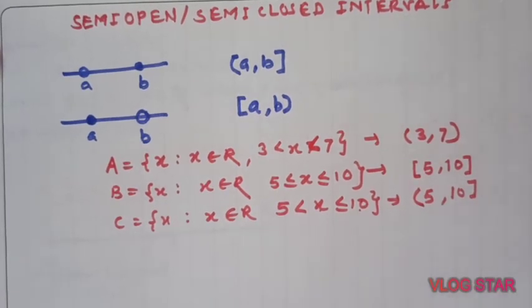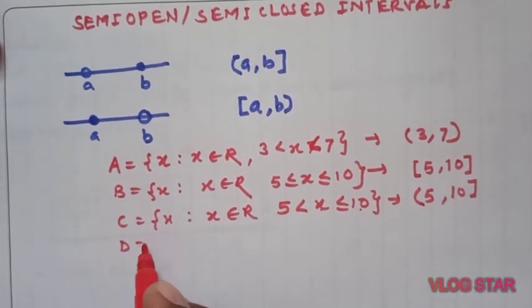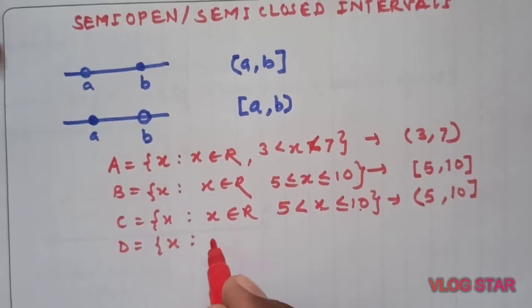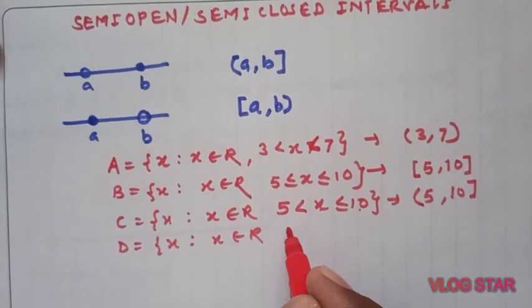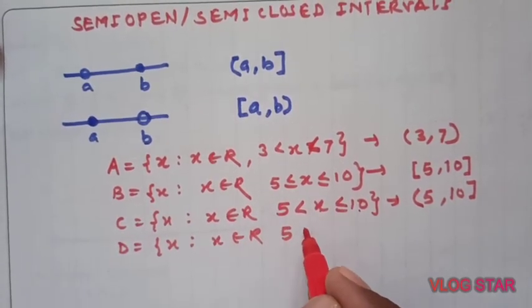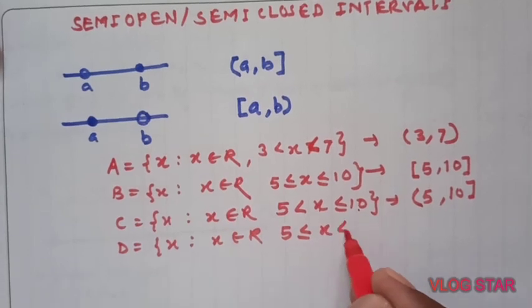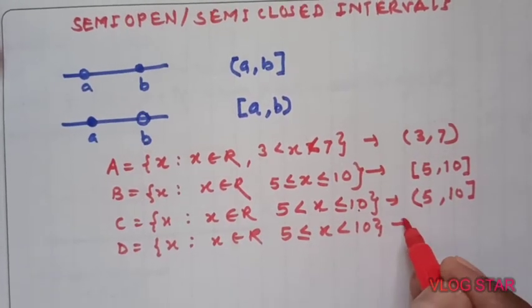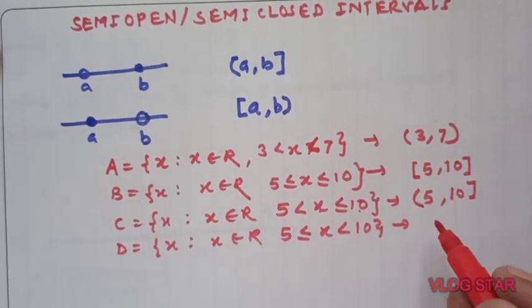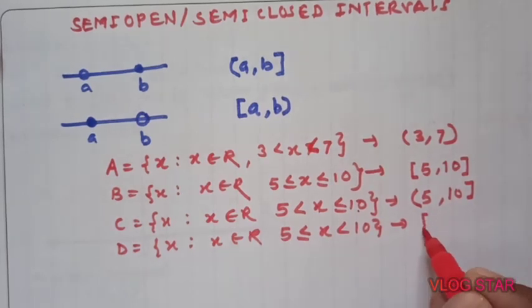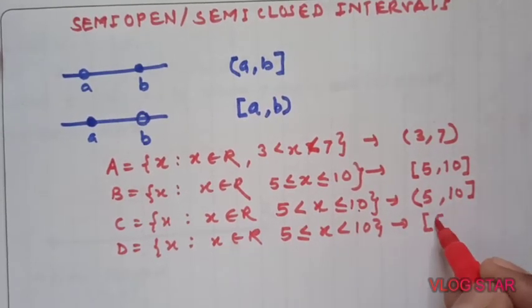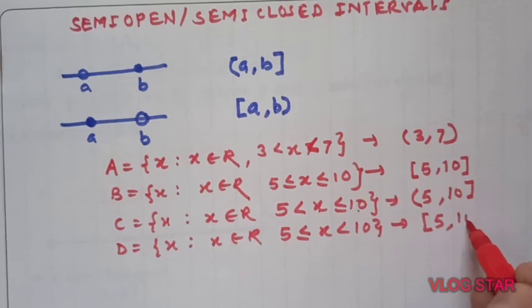So this is semi-open, semi-closed. Another set of all x such that x is a real number, 5 is less than or equal to x and strictly less than 10. I can represent this set in the form of an interval as this side is closed, 5 is included, and this side is open.